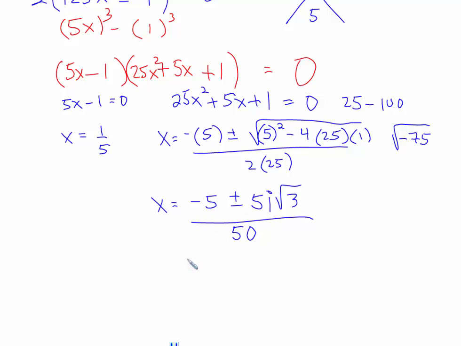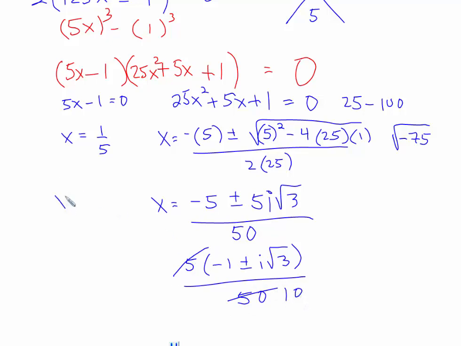And then we can take out a 5 to reduce, so we end up with negative 1 plus or minus i rad 3 over 50. These simplify, so your answer is going to be x is equal to negative 1 plus or minus i square root 3 over 10. Okay? So that's how you solve a sum or difference of cubes.